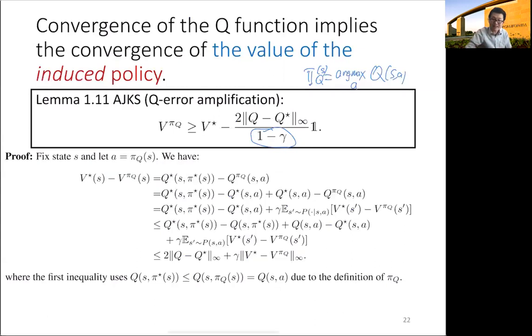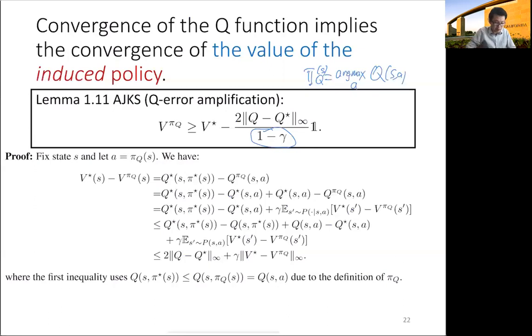This bound in some specialized cases can be improved, in which case you do not lose this factor of 1 over 1 minus gamma. We're not going to be talking about that today. Hopefully in one of the advanced topics we'll talk about how we can get rid of this factor, because it is useful in reinforcement learning when we need tighter bounds in some cases under additional assumptions.